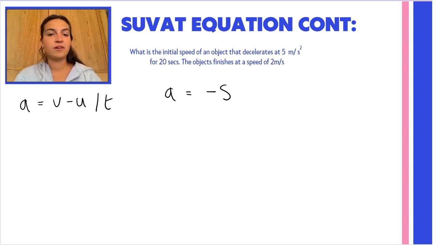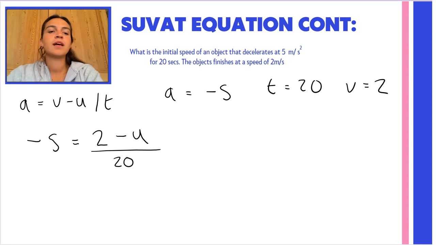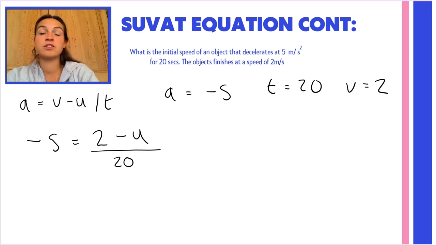And then I can also identify that my time here is equal to 20 seconds. And I've also been given that my final speed is 2 meters per second. So again, those 3 pieces of information, I'm going to plug them into the right parts of my equation. So I have minus 5 is 2 minus U over 20. Time to get rid of that denominator.